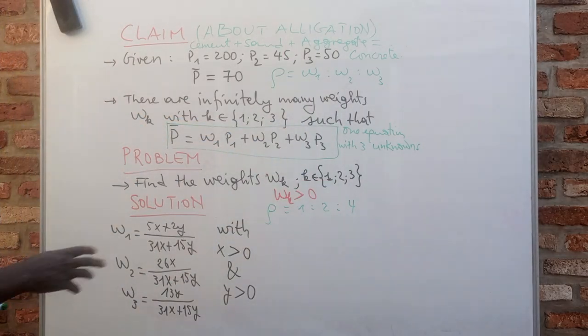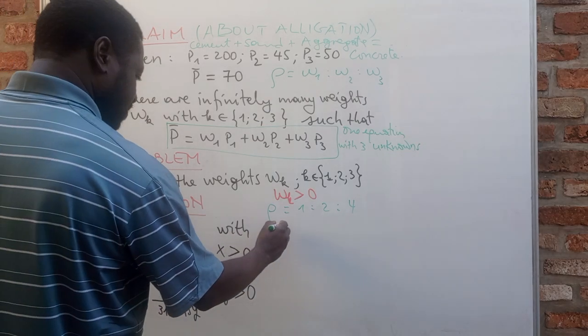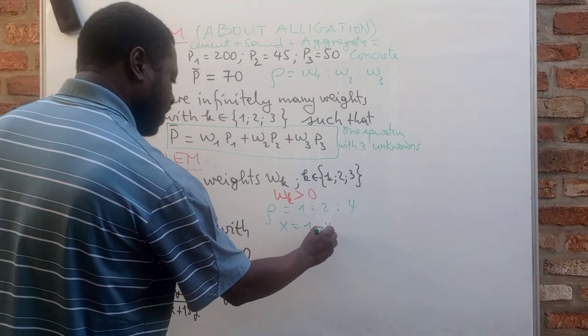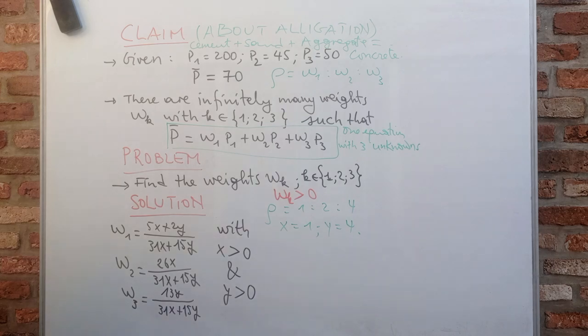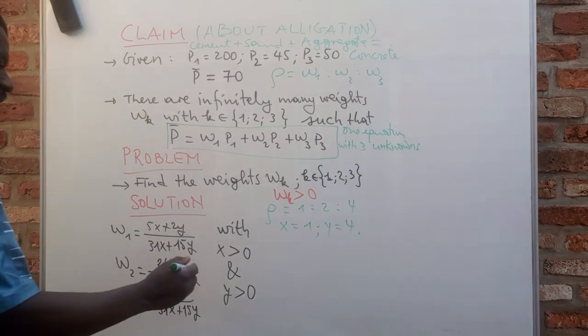In order to find this, we can substitute. For example, if we substitute x equal to 1 and y equal to 4, we are going to find this result. So I'm going to check this one before I continue.